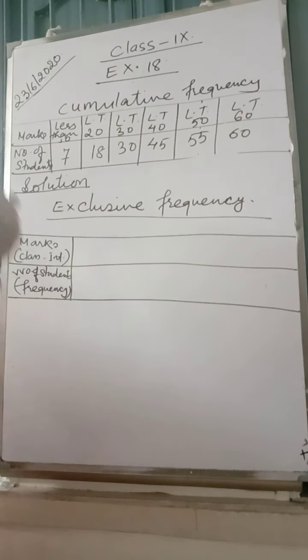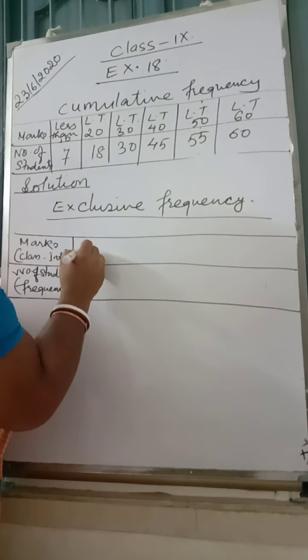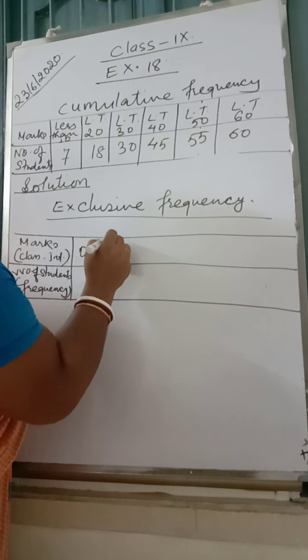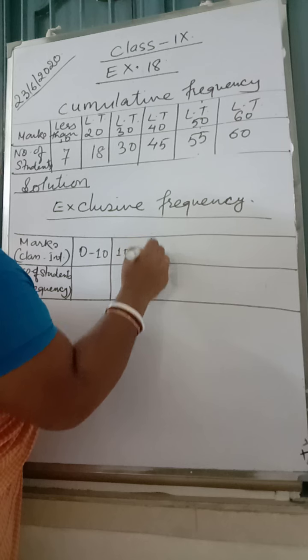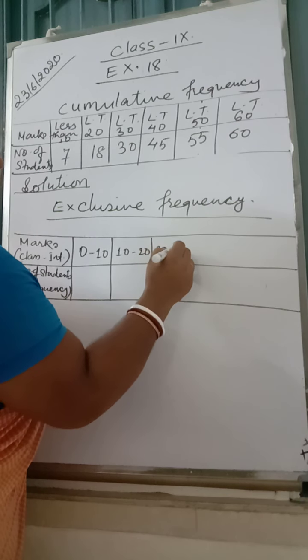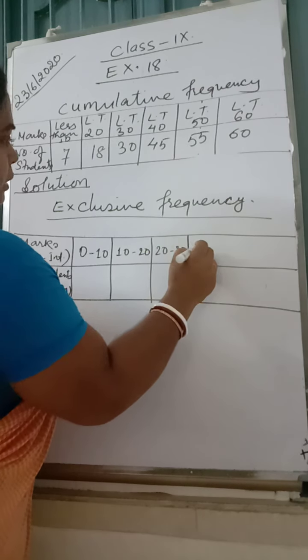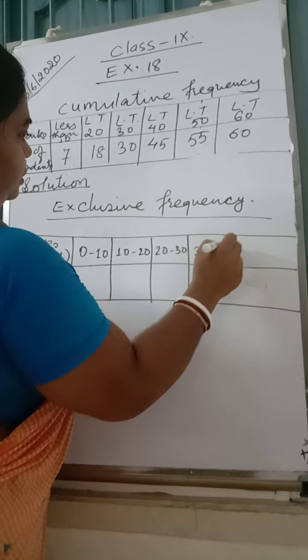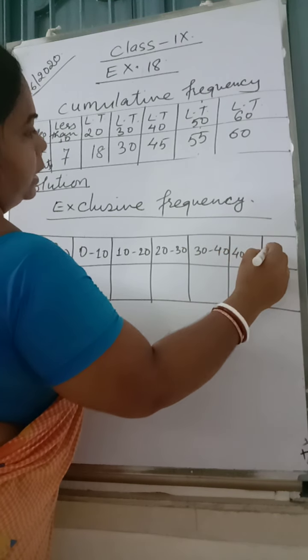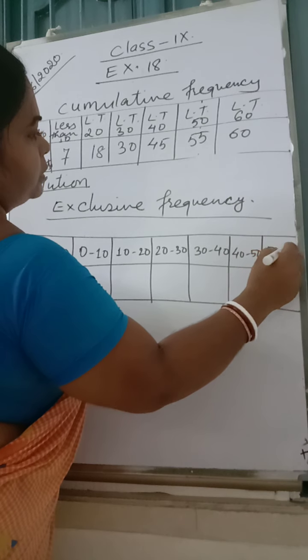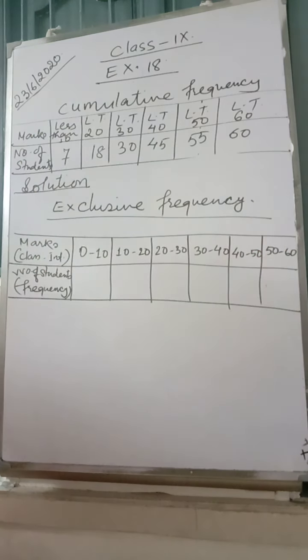Clear? Less than 10, that is 0 to 10. Less than 20, that is 10 to 20, 20 to 30, 30 to 40, 40 to 50 and 50 to 60. We have converted this column.